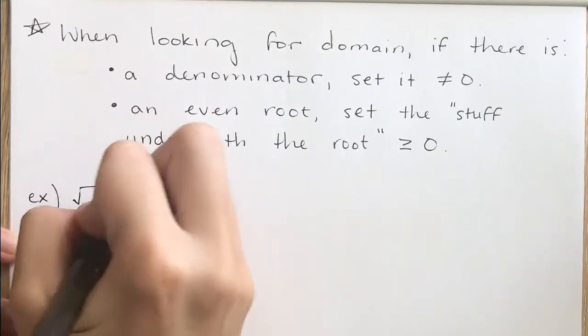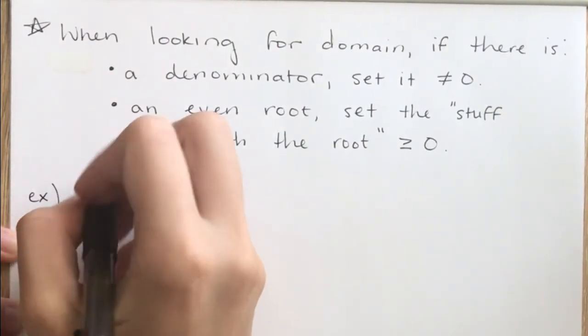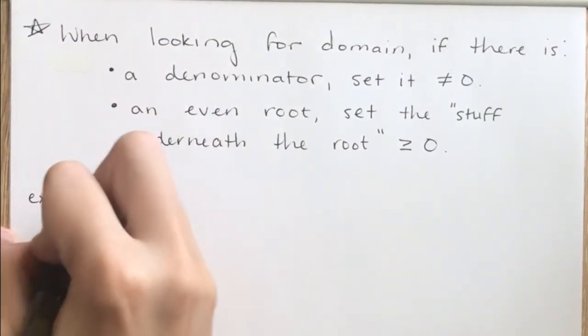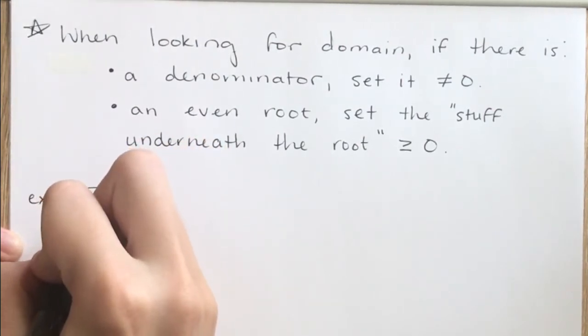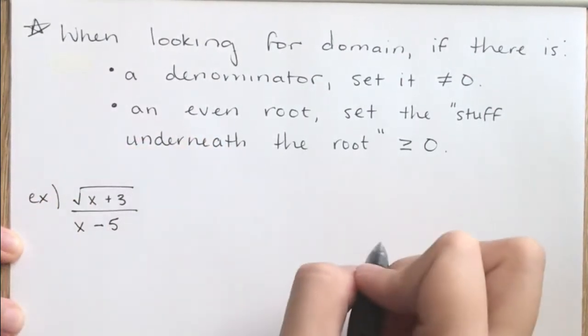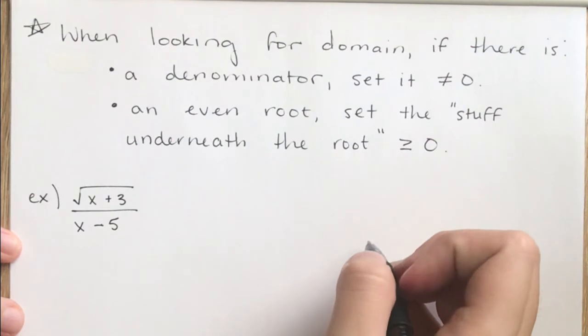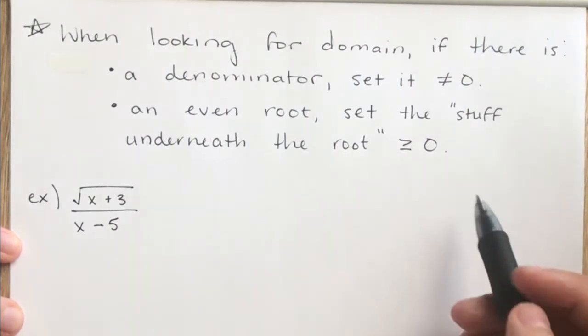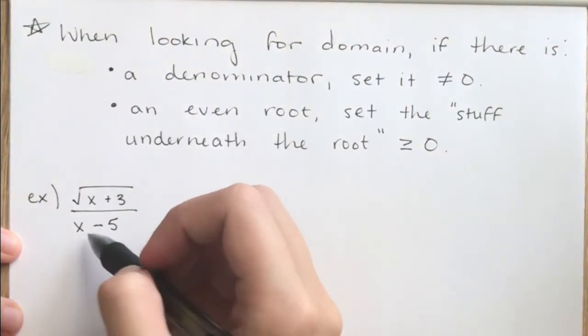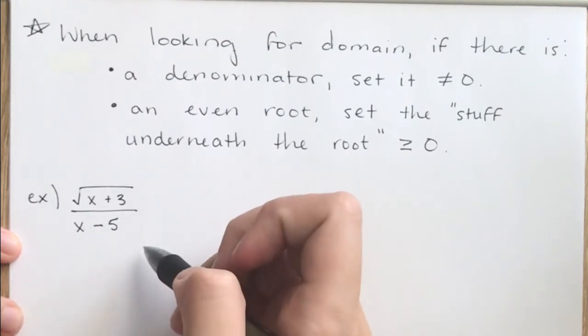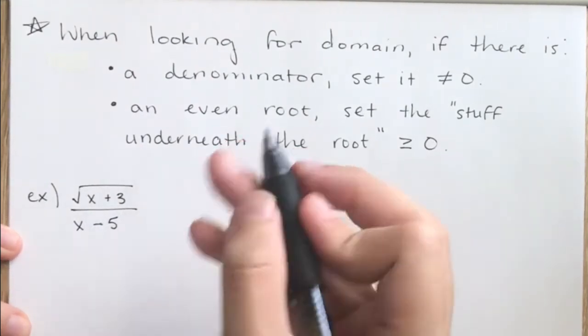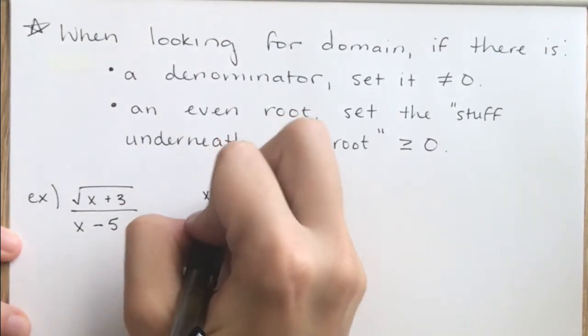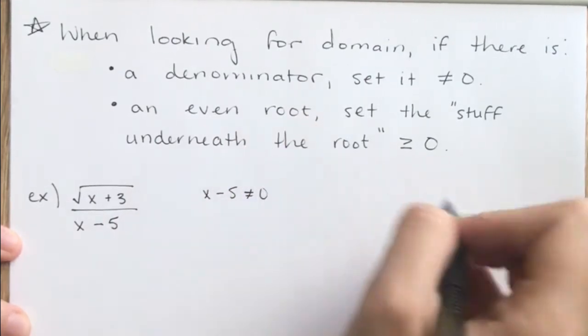So let's say we have the square root of x plus 3 over x minus 5. We've got our two rules. We know that because we have a denominator, we've got to set that denominator not equal to 0.